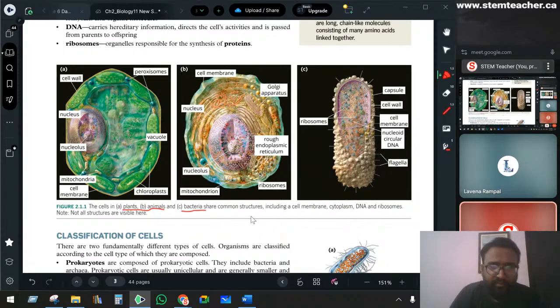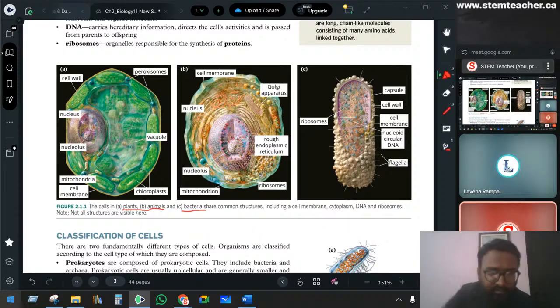So what are the common parts? That is important, and what is their functionality? We have to think. In the plant cell, what is the color of most plants? Green. The color green comes from one particular cell part, so we have to see that.